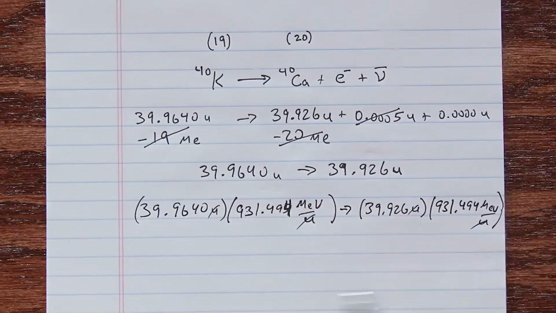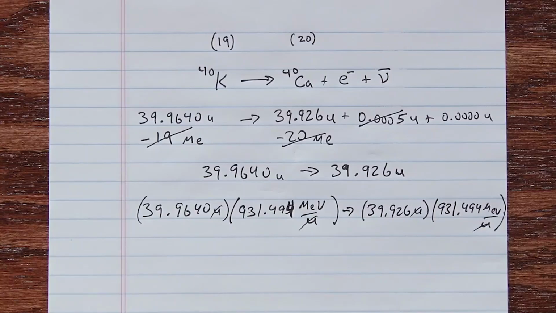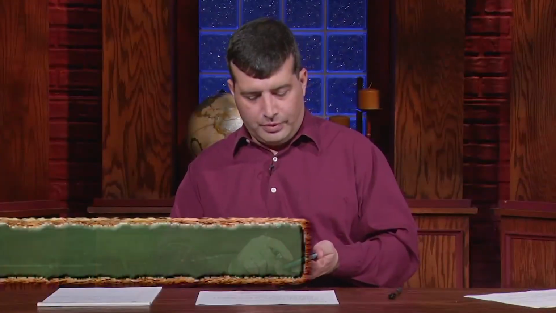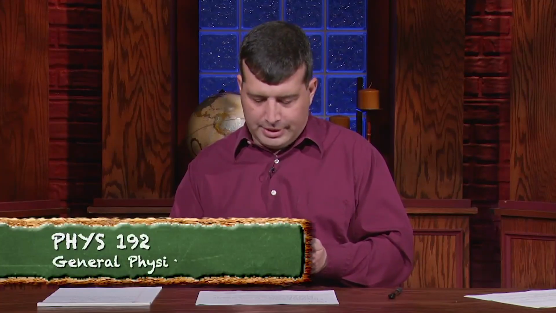Atomic mass units cancel out, and we are left with 39.964 times 931.494.